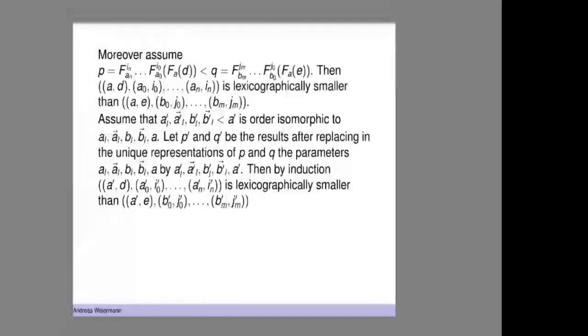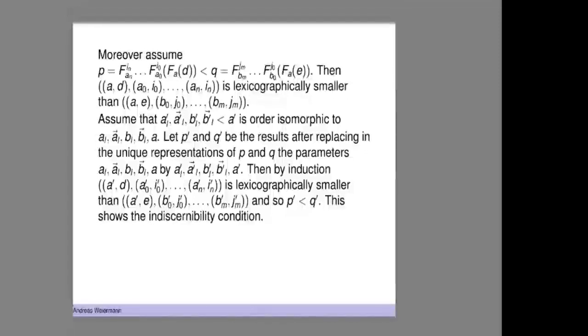Then by the corresponding induction hypothesis, the sequence of pairs shown to the left is lexicographically smaller than the sequence shown on the right, because I have assumed that order relations are preserved under indiscernibility. And then P prime will be smaller than Q prime. This shows the indiscernibility condition. So that's somehow very interesting.